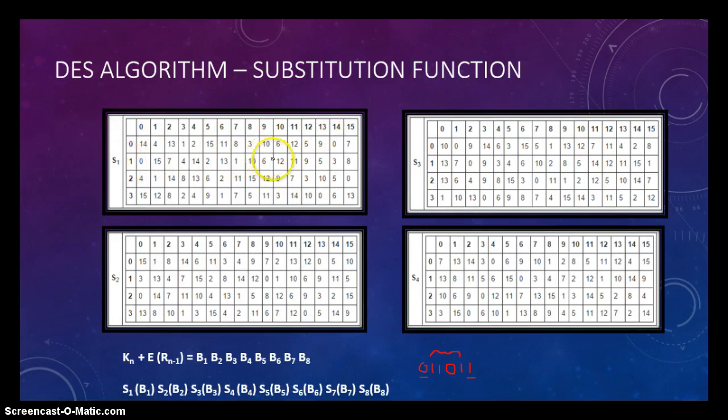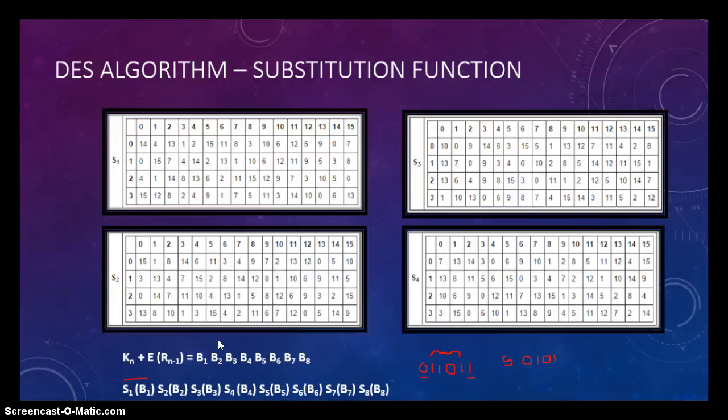Row 1, column 13, we obtain this number, which is 5, and if we convert 5 to binary, we have 0, 1, 0, 1, and this is our result of S1(B1). We are going to do the same process for S2(B2), S3(B3), and until S8(B8).